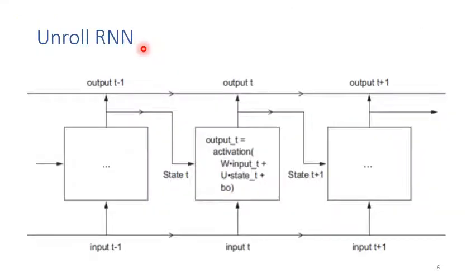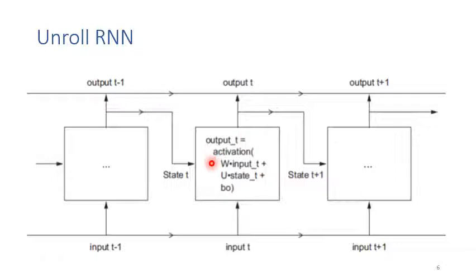We can also unroll our simple RNN in the time domain to understand it better. Here, this is our simple cell. Remember, we only have one neuron. The neuron accepts the input t and the output from the previous state. We call it state t, and they use input t and state t to calculate a new output t.